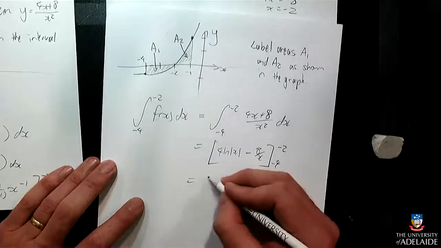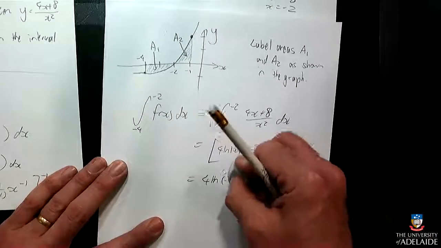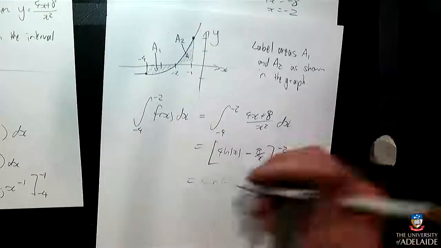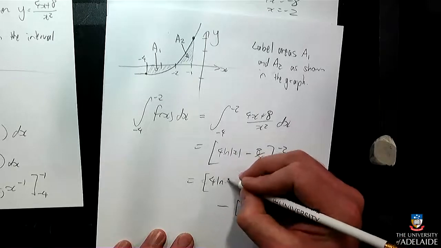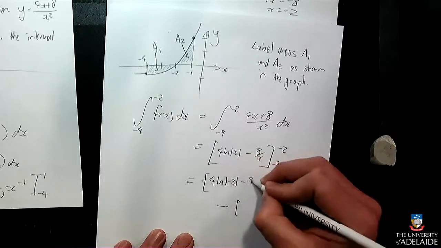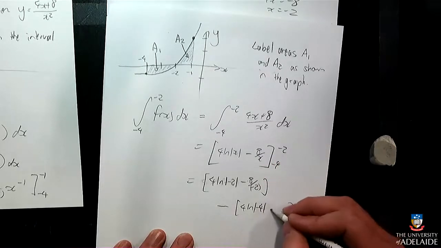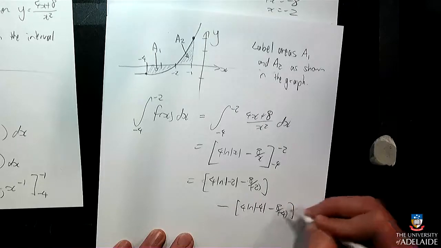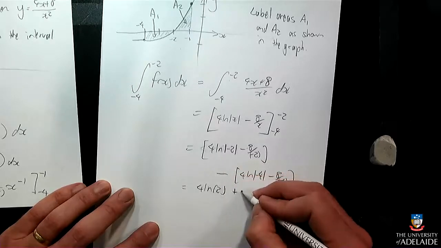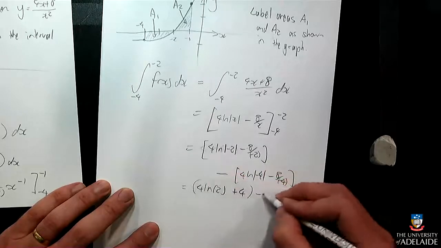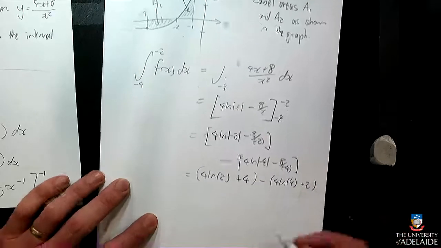And so we get, the top one first, 4 ln of minus 2 minus 8 over minus 2, minus 4 ln of minus 4 minus 8 over minus 4, which is 4 ln 2 plus 4 minus 4 ln 4 plus 2.